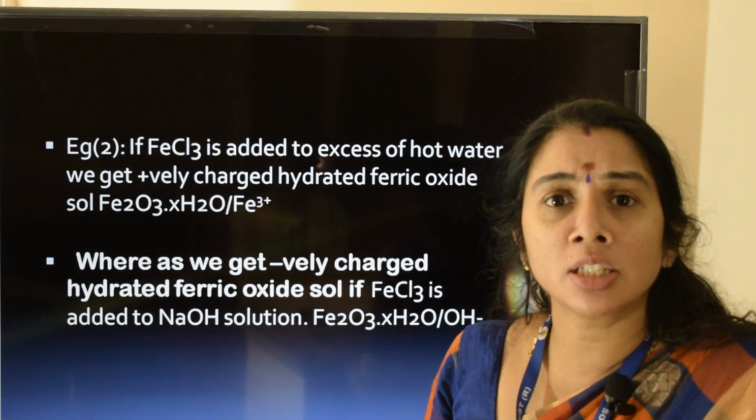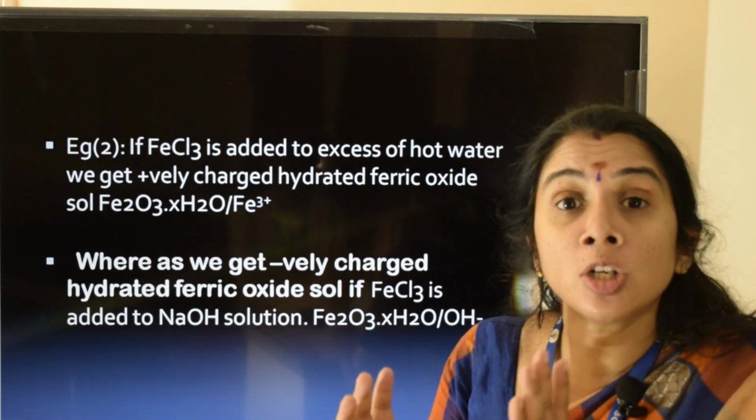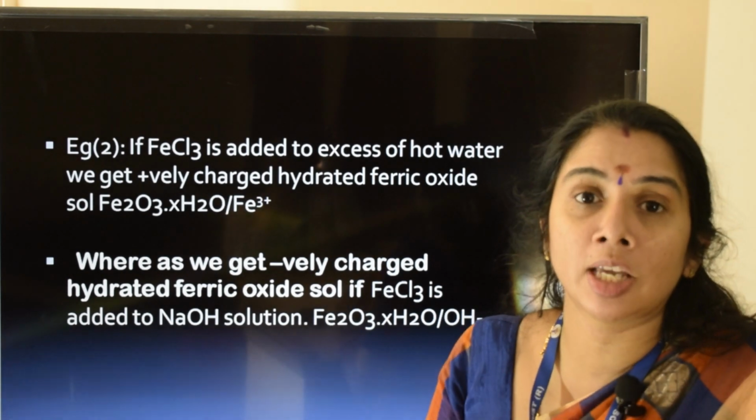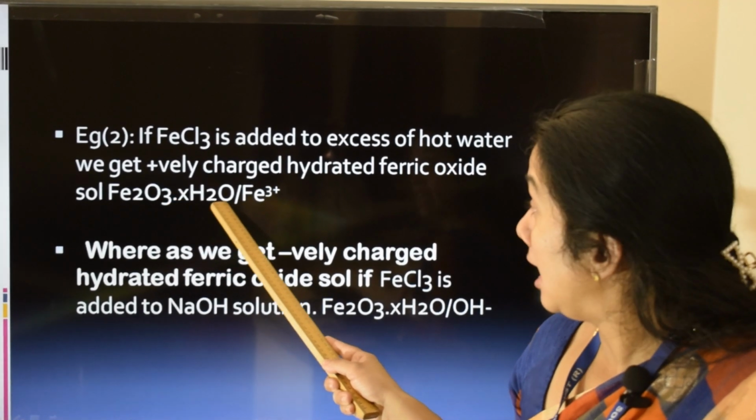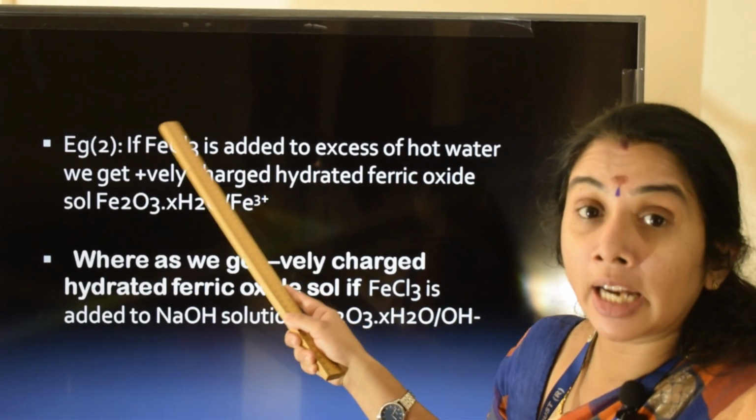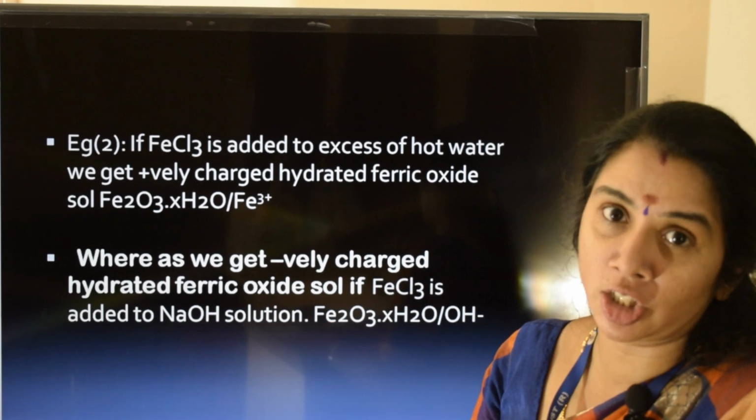How do we get the positive charge? It is because of the adsorption of ferric ion, Fe3 plus, on the surface. So to hydrated ferric oxide, Fe3 plus ion gets adsorbed, giving it a positive charge.